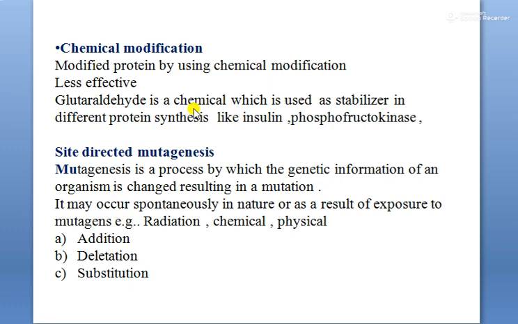So look, here it says glutaraldehyde is a chemical which is used as a stabilizer. Stabilizers mean something that can stabilize, right? How do stabilizers work? Stabilizers work to stabilize something, right? In that case glutaraldehyde acts as a stabilizer for enzymes.